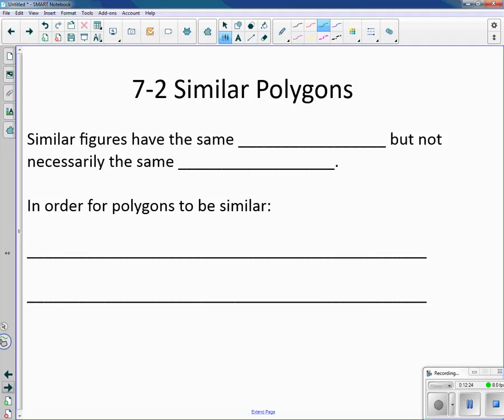All right? So, similar figures have the same shape but different size. They're the same shape, but not necessarily the same size.